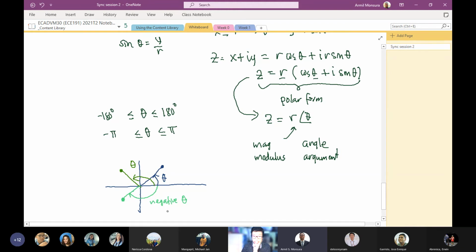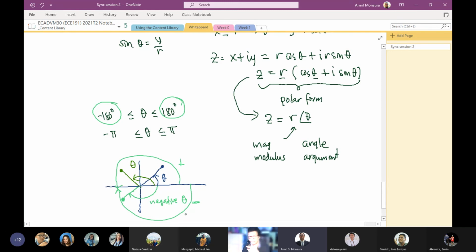Pero take note that if you are measuring your angle this way, the greatest angle that you can measure is basically this one. If you are going from here to here, pag positive siya, or this one, if you're going from here to here, which is negative. So, ganito yan. If your point is on the first or second quadrant, you can expect that your angle is positive. While if your point is on the third or fourth quadrant, you can expect that your angle is negative.